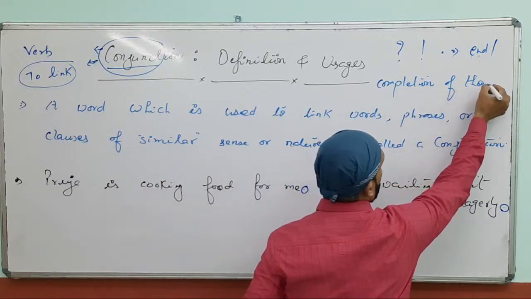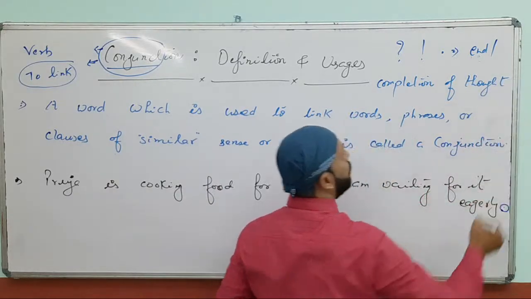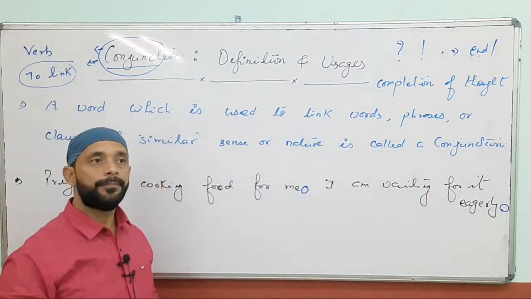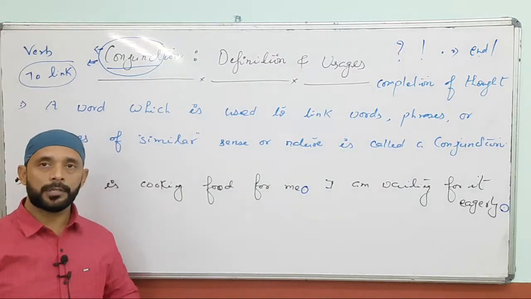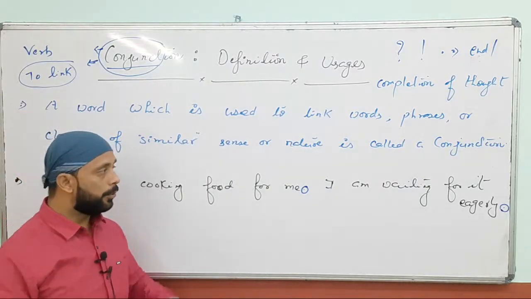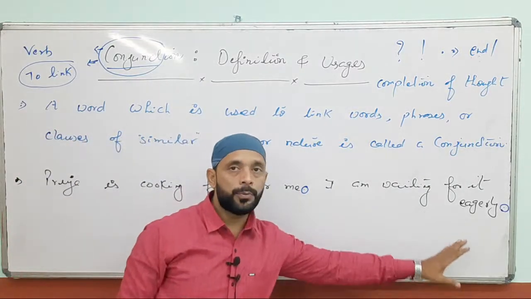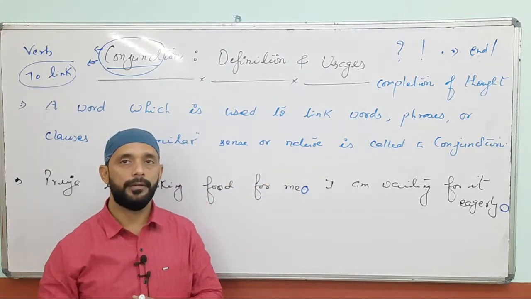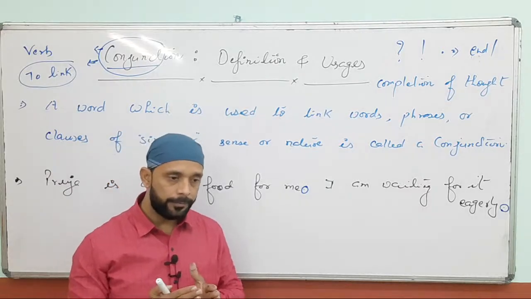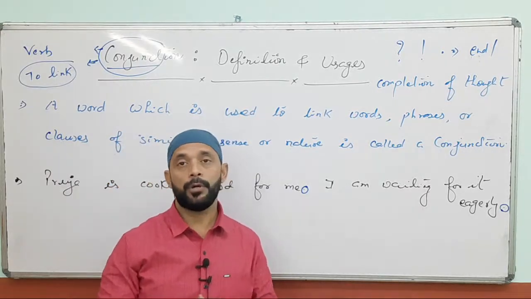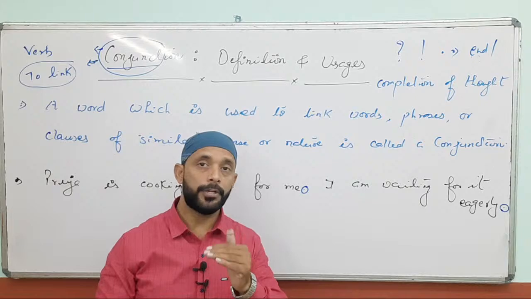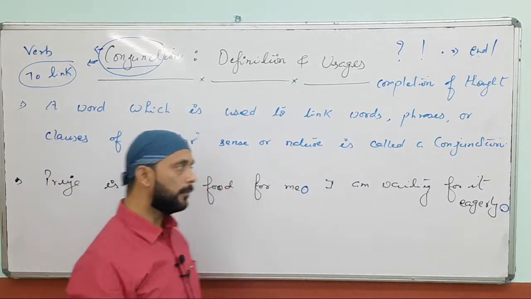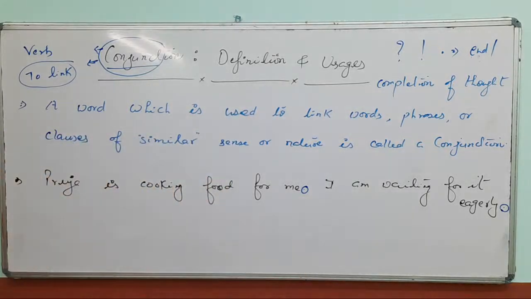Means whatever you want to say, if you use them, the thought comes to an end. So you see the two places I have used full stop. Means two times the thoughts come to an end. And in that way, the ending of the thought makes the completion of a sentence. So naturally, these are the two sentences.